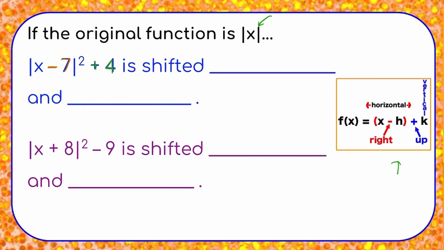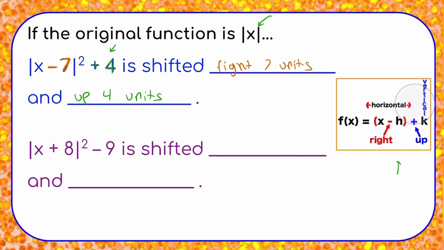If you see a -7 inside parentheses, how can you describe that shift? Well, minus means right, so I'm gonna say right 7 units. And further, this +4 that's outside parentheses, that's gonna be a vertical shift. So how can we describe that movement? That will be up 4 units.